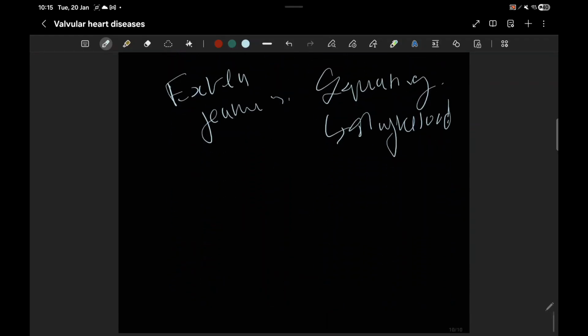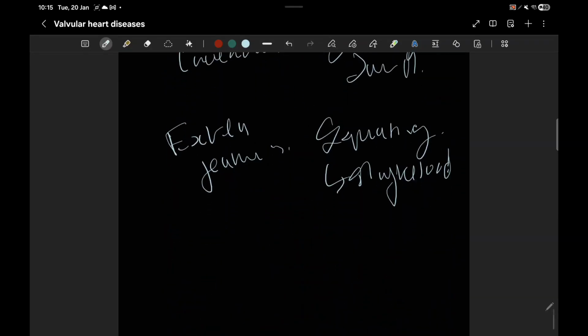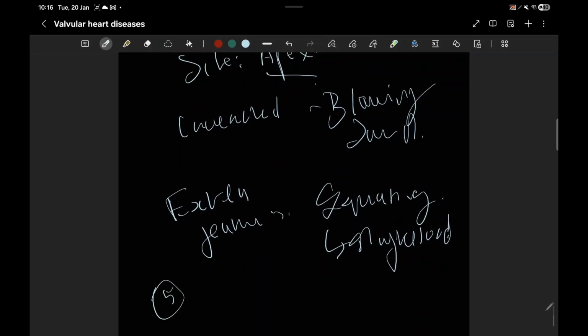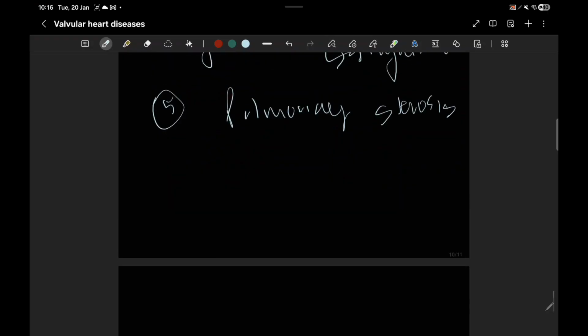Now next is pulmonary stenosis. Here the pulmonic valve is stenosed. What happens here? There is increased resistance of blood flow from the right ventricle to the pulmonary artery.